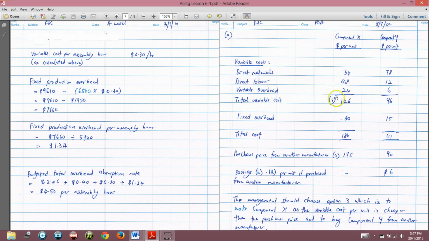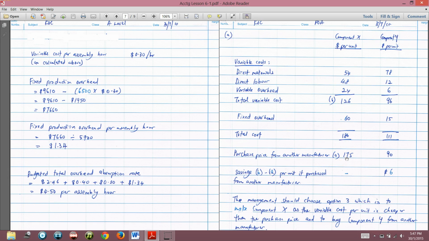So the total variable cost for component X is this one. The total variable cost for component Y is so much. Okay, so I assume that this is B, and this is the price purchased from another manufacturer, which is A. So savings per unit will be B minus A, if it's purchased from another manufacturer.